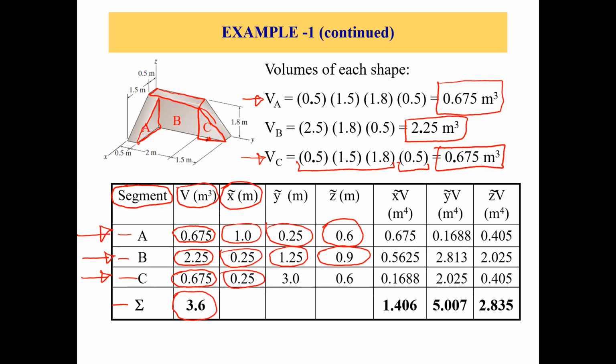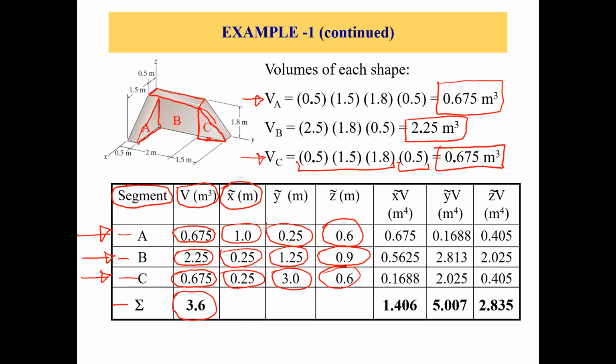So 0.5 plus 2.5 gives 3 meters for y bar. Now z bar is 1/3 of the height, so 1/3 of 1.8 meters gives 0.6 meters. That's how we are done with these three columns, X bar, Y bar, and Z bar, for the three different parts A, B, and C of this composite body.